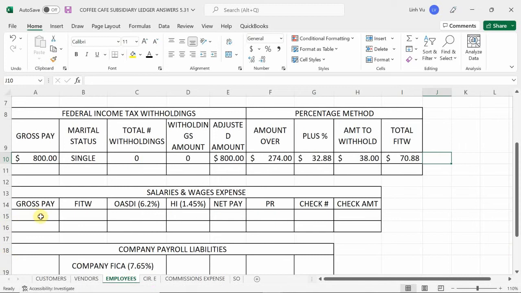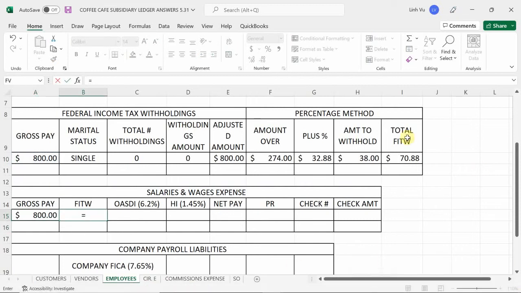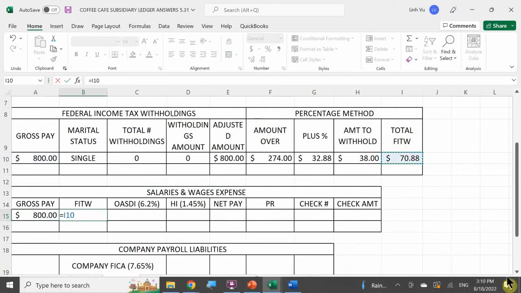Now, we also have to calculate other things, such as her OASDI, which is also known as Social Security. We also need to calculate her Medicare. So, OASDI is 6.2% of gross pay.